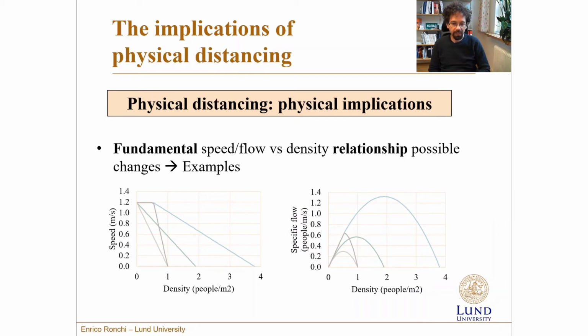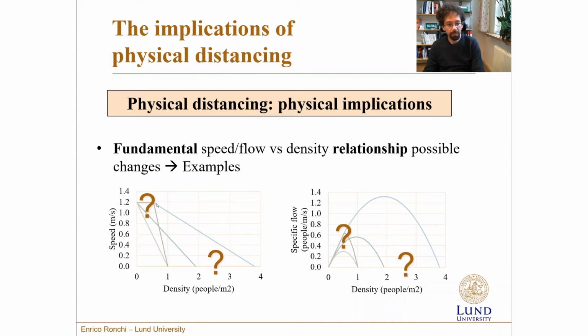So here I show an example of the classic speed-density and specific flow-density curves that we are possibly all familiar with. And if you see, the blue curve is the classic hydraulic model that we have in the SFPE handbook, but those may change, first of all, because we might not be able to reach very high densities since people keep a larger distance between them. But we don't know to which extent, especially, as I said, since the nature and dynamics of the groups might impact the max density that we can have in a given space.